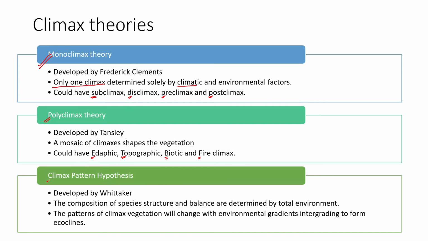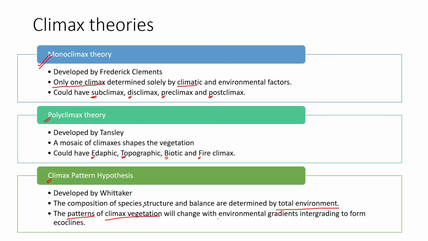Now there is the climax pattern hypothesis, which was developed by Whittaker. He proposed that the composition of species, the structure and the balance are determined entirely by the total environment. Total environment here refers to a change of patterns among the vegetations.